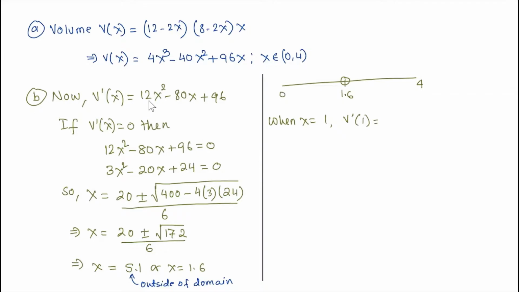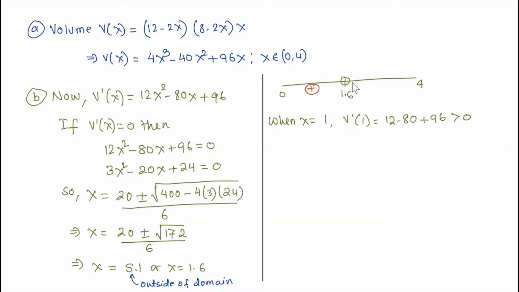So it will be 12 minus 80 plus 96. 96 minus 80 is a positive value, plus 12 is also positive. So the overall result is positive. Meaning the function is increasing on the interval from 0 through 1.6.